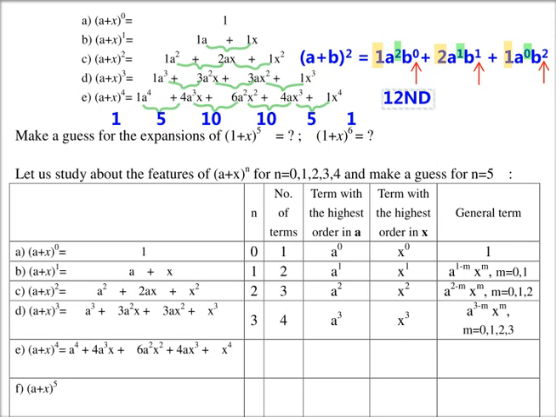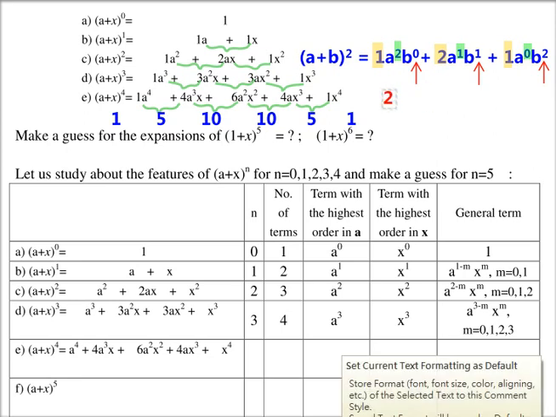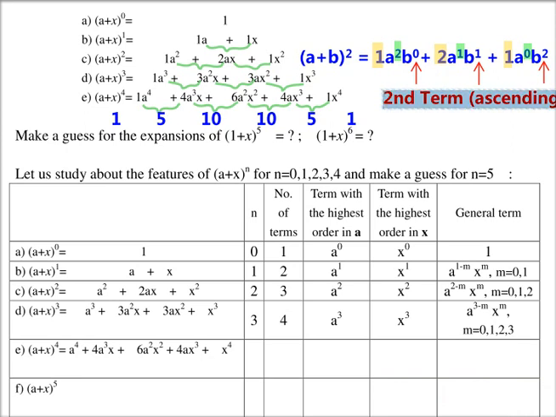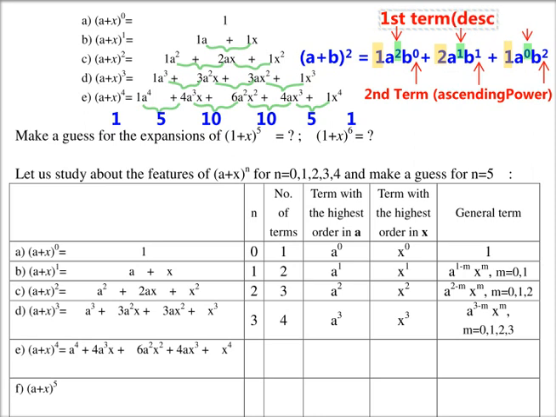That means the second term has ascending power. Got it? And the first term, once again, has descending power.